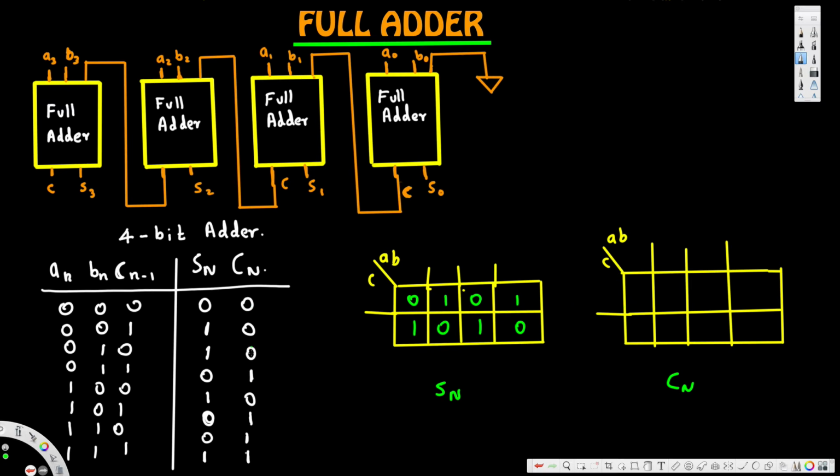For carry we have 0 0 0 1 0 1 1 1. For this one we don't have any choice. Let's put the locations as 0 0 0 1 1 1 1 0 0 1 0 0 0 1 1 1 1 0 0 1.